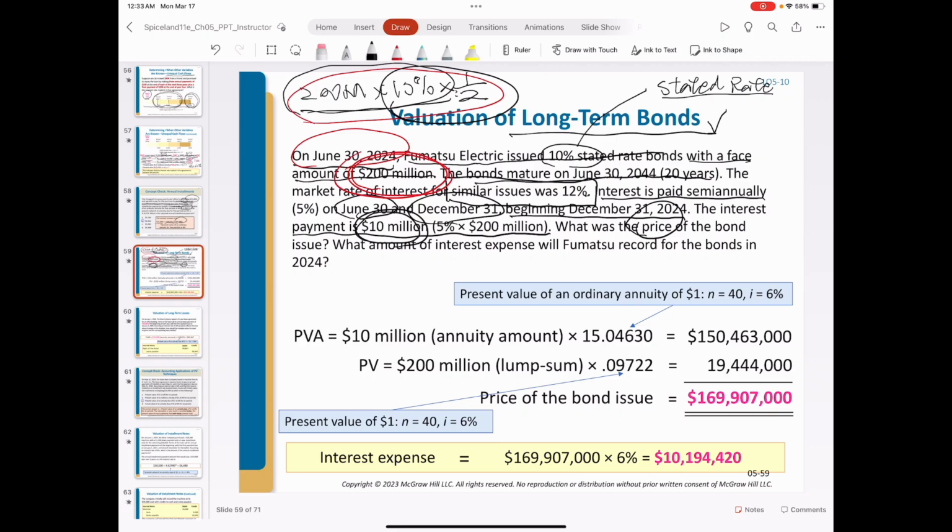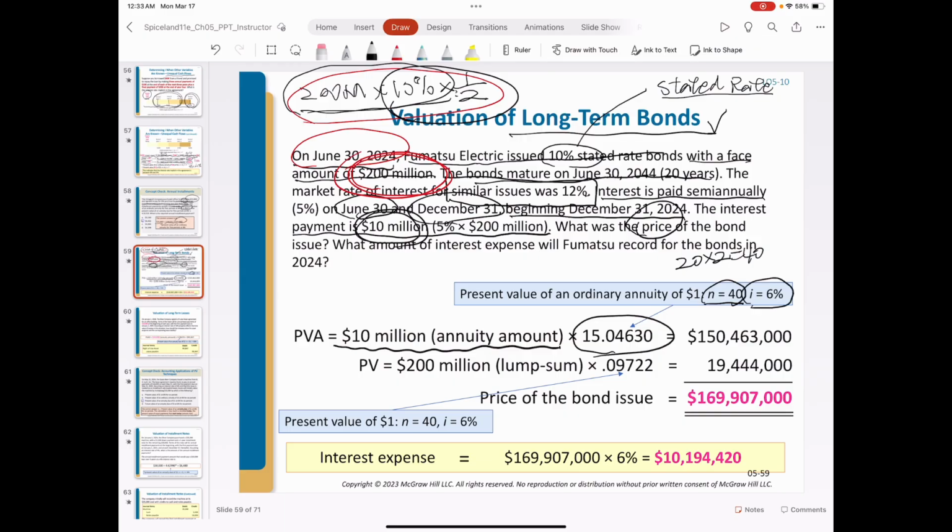The bond price or value is determined by the present value of these cash flows. We use 10 million, the payment of the annuity every half year, and then find the present value factor of this annuity: 40 periods, since 20 years paid semi-annually, multiplied by 2, is 40.